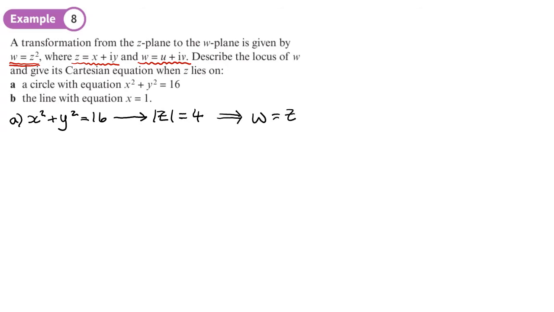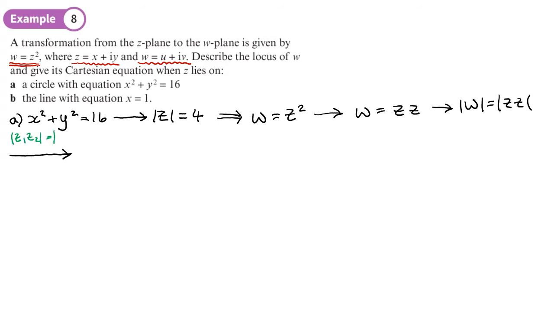w equals z squared. So z squared is the same as z times z. Now what we're going to do is take the modulus of both sides. So you'll have the modulus of w equals the modulus of the product of z times z. Now we can use that if we have z1 times z2, the modulus of that is equal to the modulus of z1 times the modulus of z2.